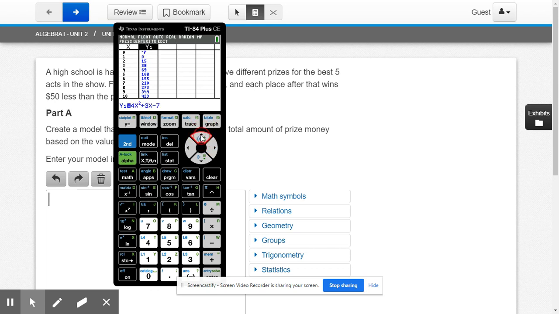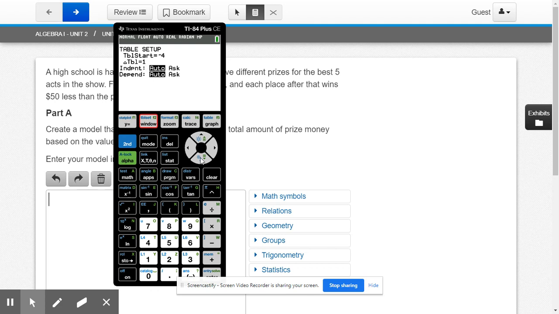And then I'll scroll through my values of x. So here it's negative. I see it's getting positive again. So it's probably somewhere between negative 1 and negative 2. We need to refine it a bit, so we need to change our scale. I'm going to go to second and window, which will give me my table set.